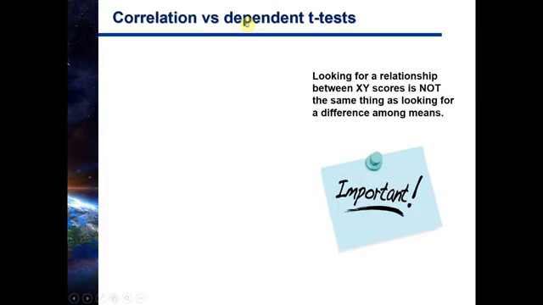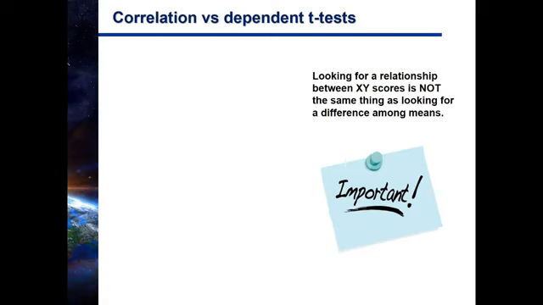Now, why is it that correlation is confused with dependent t-tests? Well, there's a couple of reasons here. First of all, I don't know if you've noticed, but when you're looking at the output for a dependent t-test on SPSS, there is a box in the output section that says, I think it says, correlation. So they actually have a correlation as part of the output for the dependent t-test.